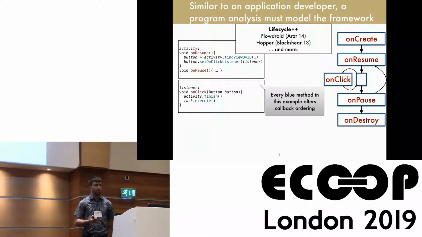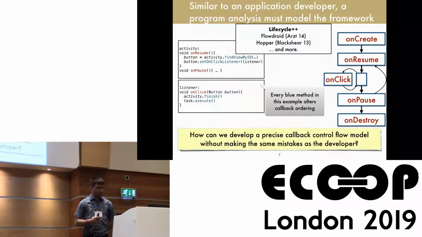However, every blue method in this little sample application that I've shown you can affect the callback ordering in some way or another, and in order to capture these event-related problems, we need to understand that. So how can we develop a precise model that accounts for all of this?